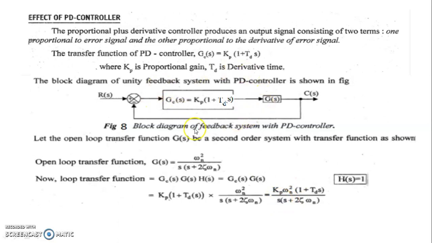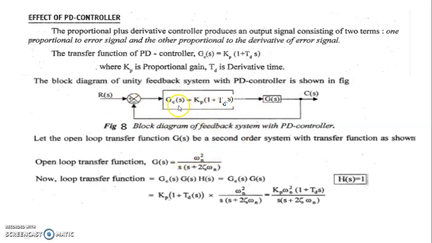Now for this block diagram, we can find the closed loop transfer function. That is C(s) by R(s), equal to the forward path Gc(s) G(s) divided by 1 plus Gc(s) G(s) H(s), because of negative feedback.